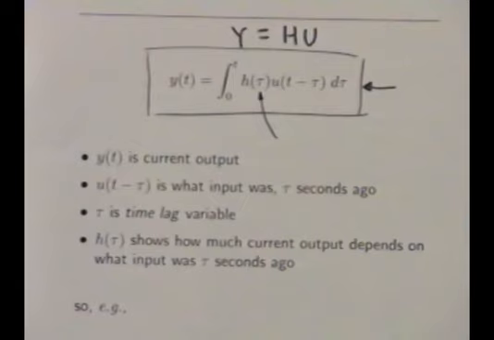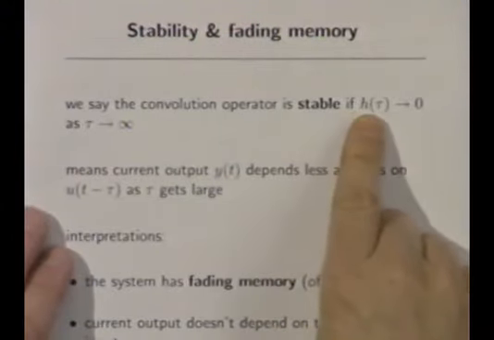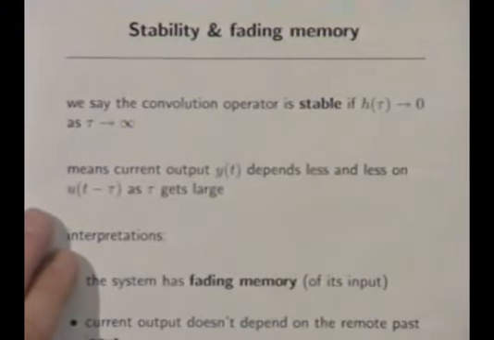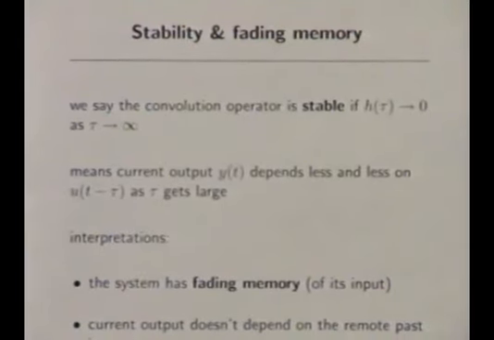But it is true that in most cases, what we want is something that forgets its memory. So there's lots of different versions of that. It is probably more common in electrical engineering to study systems where you have fading memory. In other words, if h of tau, this impulse response, converges to 0, you say the system is stable or has fading memory.